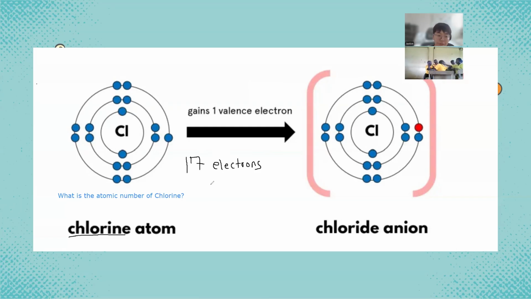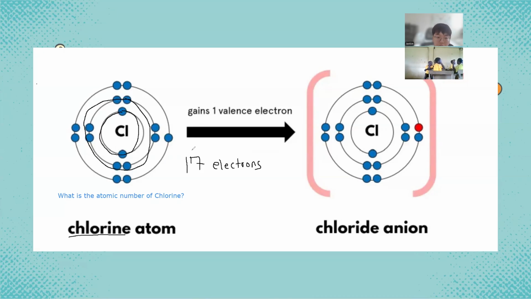Let's fill in our electron shells from 17. We fill in the first shell with 2 electrons, and the second shell with 8 electrons.